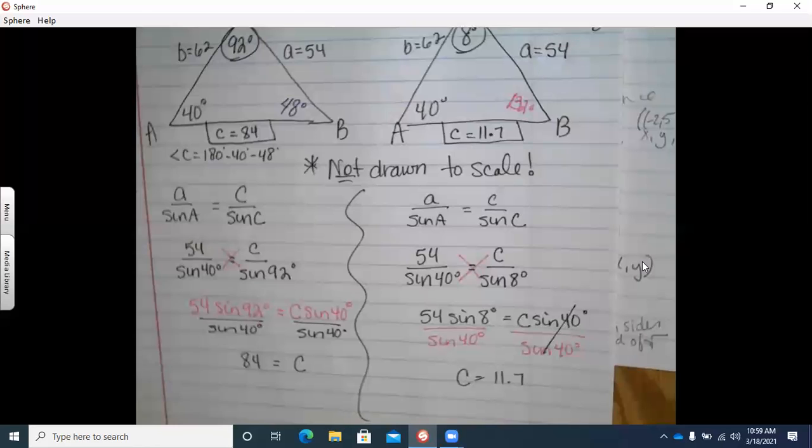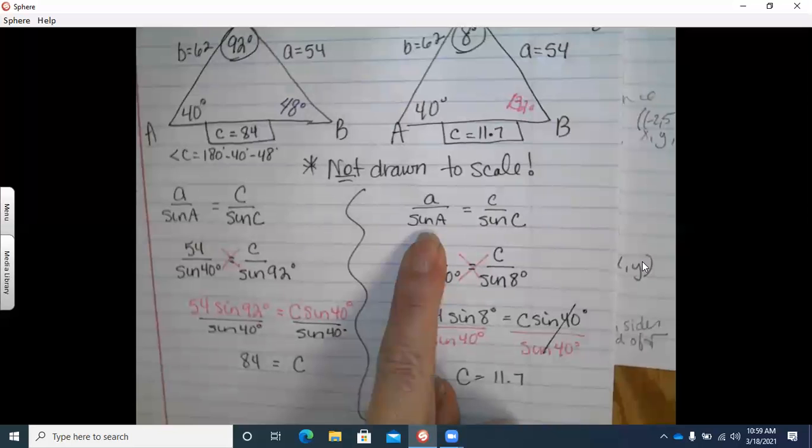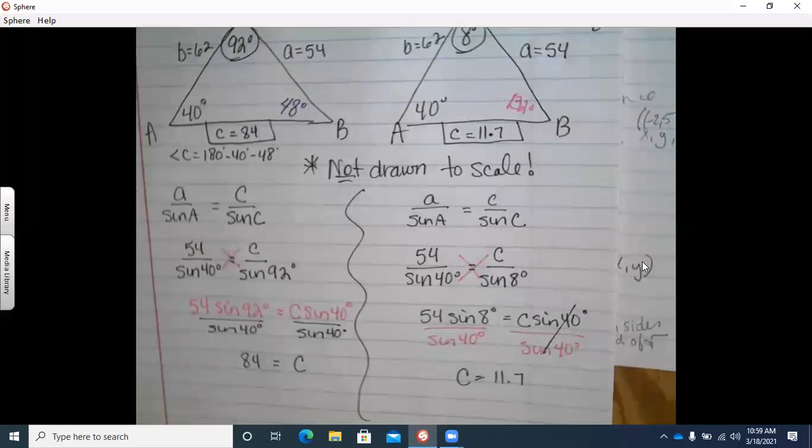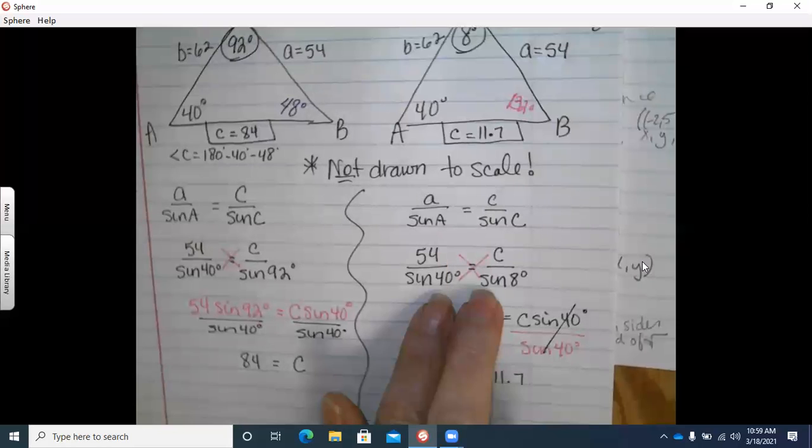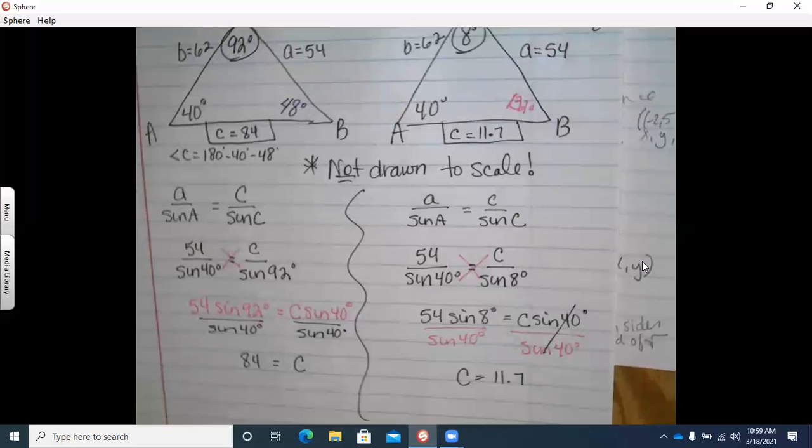Okay, did you do A over sine of A equals C over sine of C? Okay, was yours the same here? Okay, even if you didn't, we should still get the same thing.